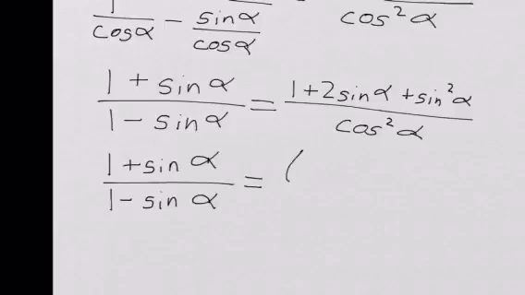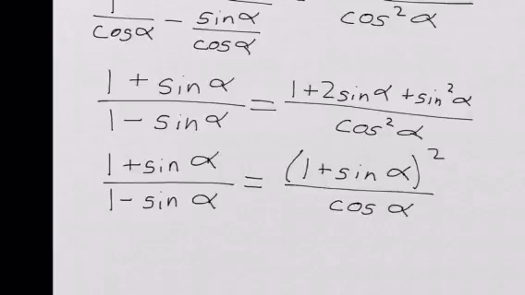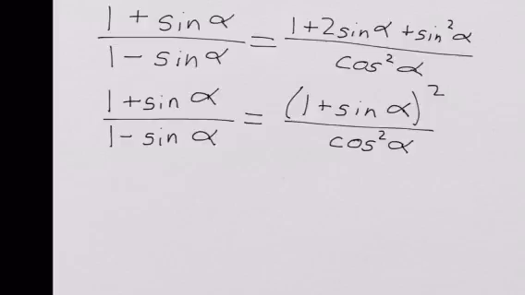Factoring the numerator, like I said, it turns out that it's a perfect square: 1 plus sine alpha squared over cosine squared alpha. And now I'm going to use a Pythagorean identity to transform that cosine squared into a function dealing with sine. So I still have 1 plus sine alpha over 1 minus sine alpha.